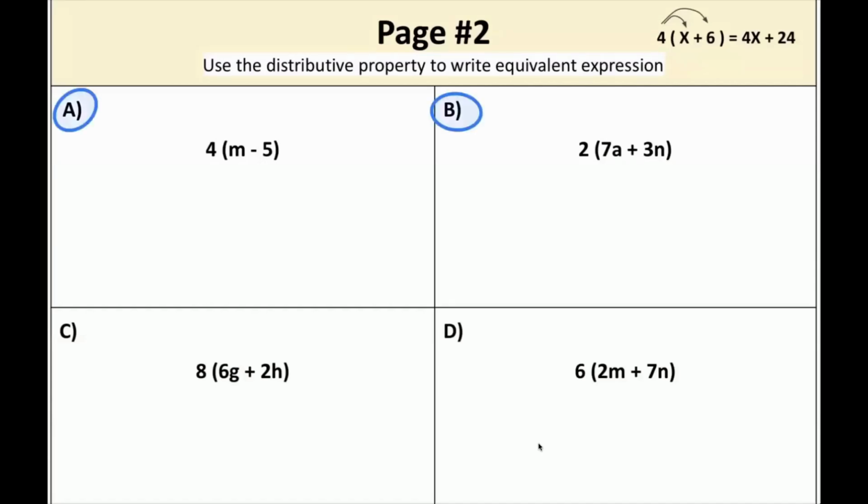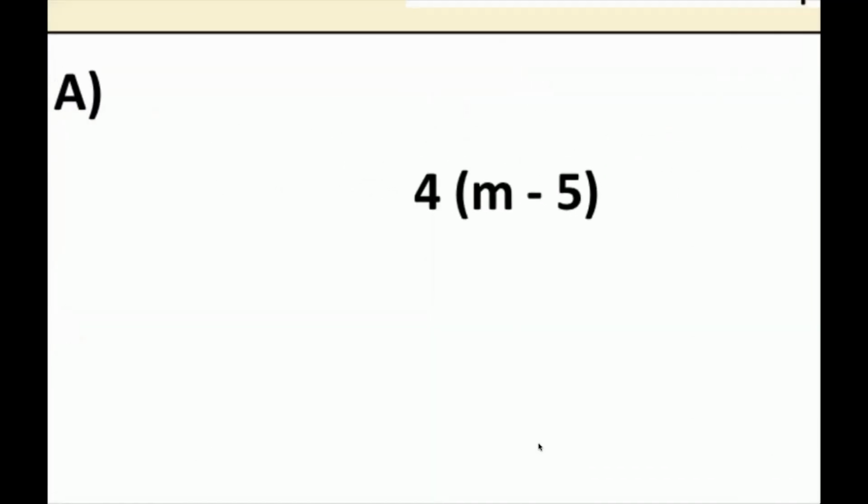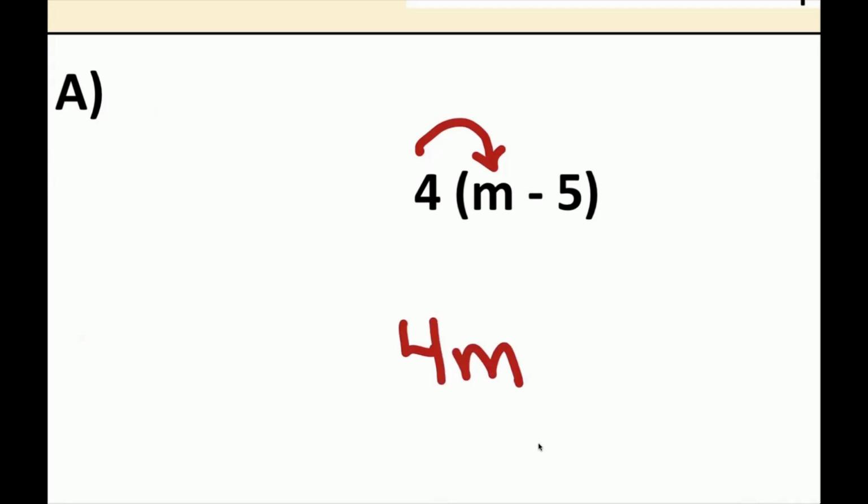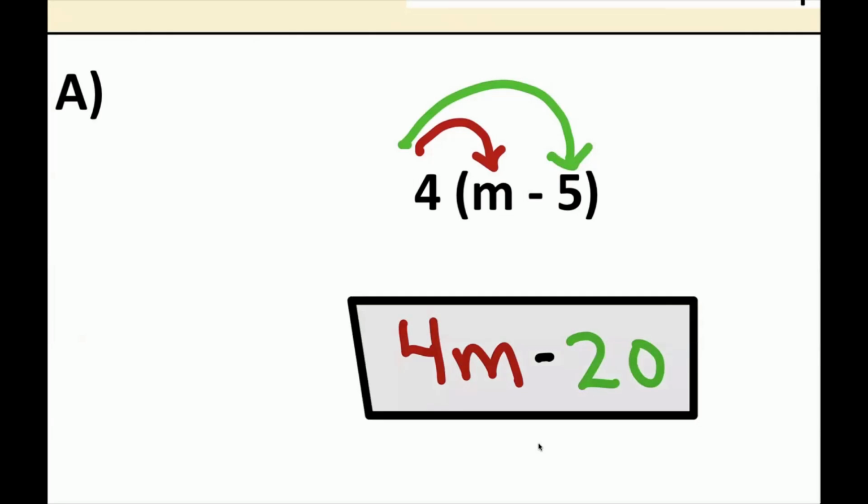Go ahead and complete problems A and B on your own, then come back to the video to check your work. Let's zoom in on problem A. When we're writing an equivalent expression, we're going to multiply 4 times m, which is 4m, bring down our minus. 4 times 5 is 20. This is our final answer for our equivalent expression.